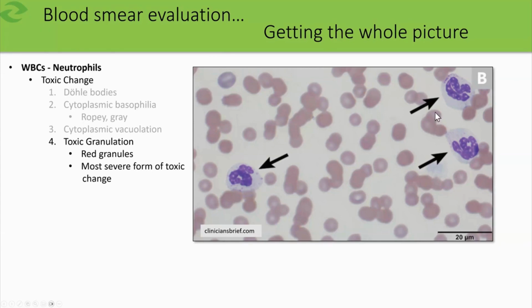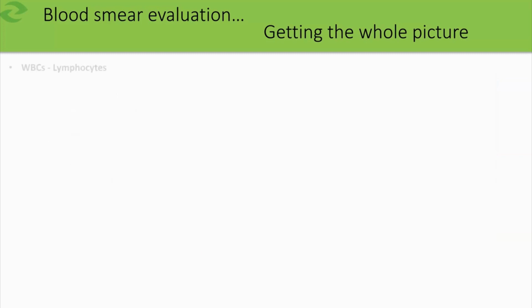Where's the cytoplasmic basophilia, that ropey cytoplasm? There's no vacuoles either. This is actually blood from a Birman cat, and these are normal. They have red granules in their cytoplasm. So this is not toxic change, and it's not picked up by automated analyzers, certainly in a Birman cat. Just something to keep in mind, especially the feline practitioner.